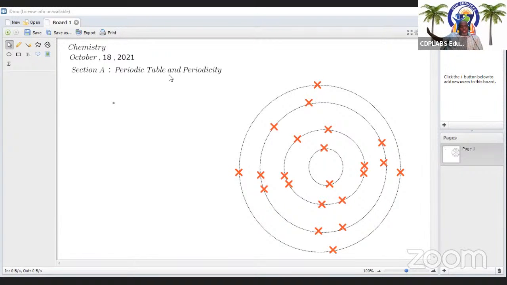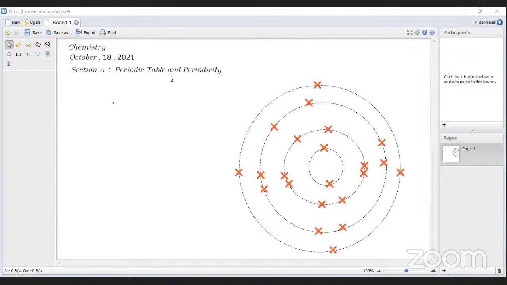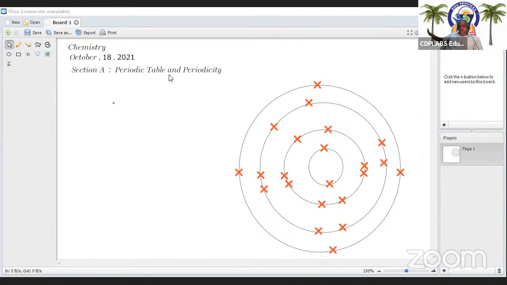Any ideas? Because the third shell is full. Well, because the third shell is full. So in other words, the first shell must have a maximum of 2 electrons, and the other shells must have a maximum of 8 electrons.